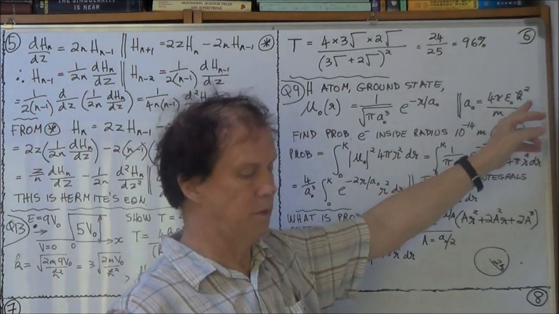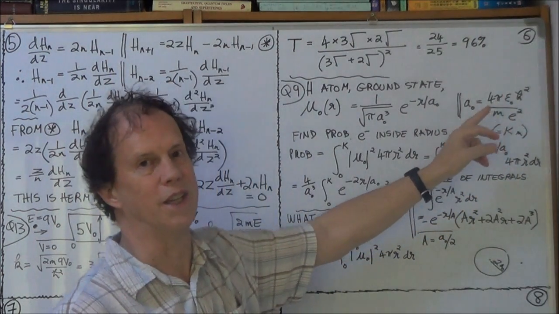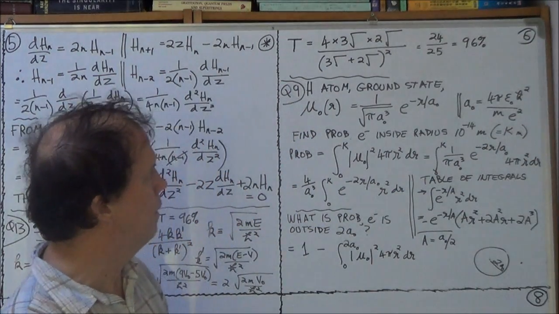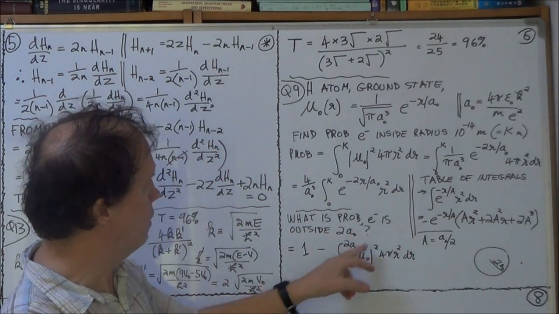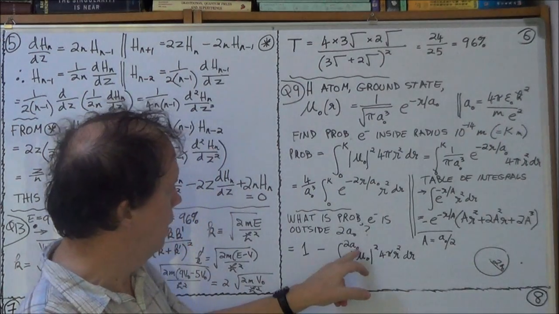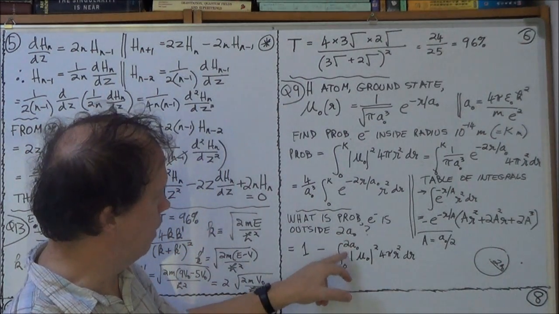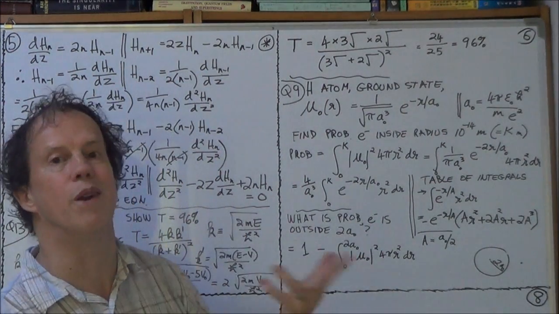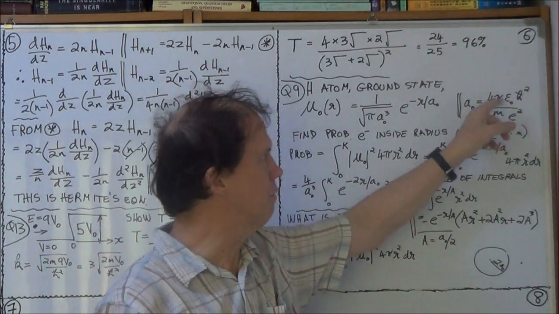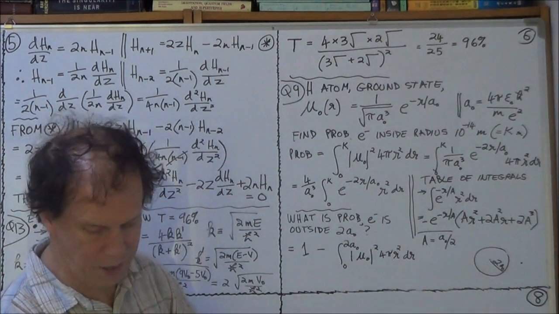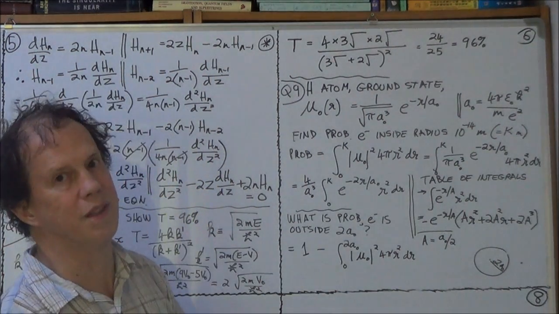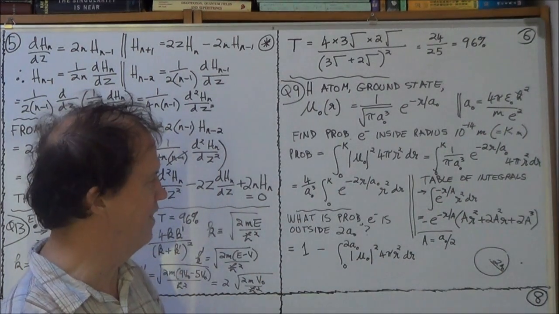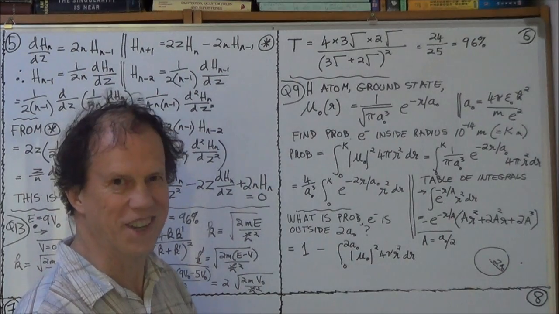They give you what h bar is, and the mass of the electron and the charge of the electron. So you can calculate what a0 is, and then double it, and that'll be your upper limit, and get some numerical answer. But it involves calculating all this stuff. I'm just giving you again the strategy, right? The theory. The numerical stuff is rather dull, so I try to avoid that kind of stuff.